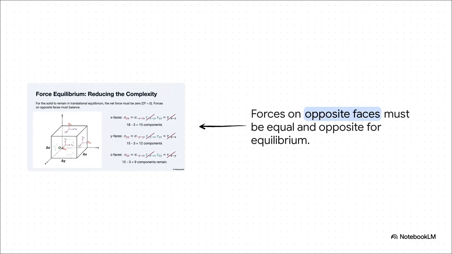So we know the normal stress on the front has to exactly equal the normal stress on the back. And the same logic applies to all the shear stresses too. And because those forces on opposite faces are just mirror images of each other, we don't need to track them separately. And just like that, boom, we've cut our problem in half. We've gone from 18 messy components down to a much nicer 9.